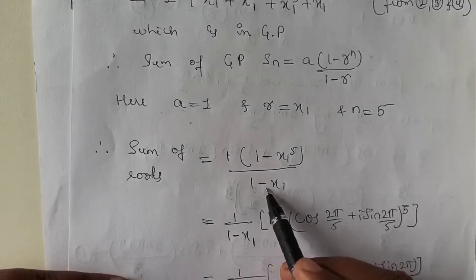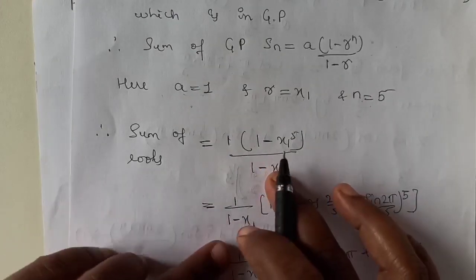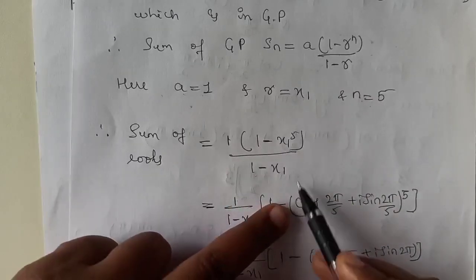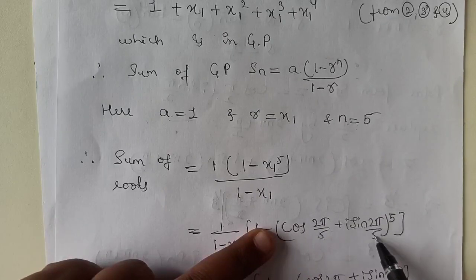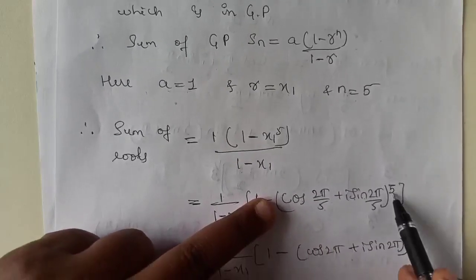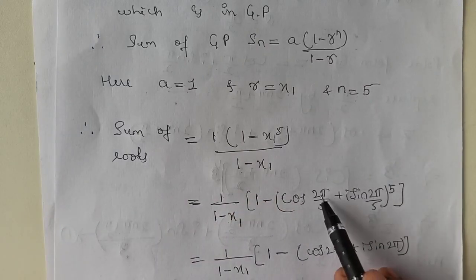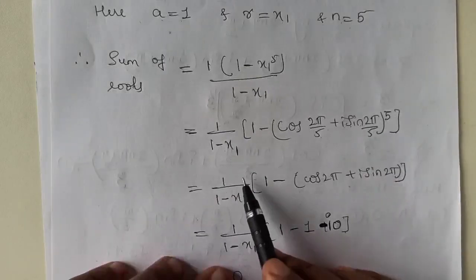Therefore, the sum of the roots, using this formula, with a equal to 1, r equal to x1 and n equal to 5, has denominator 1 minus x1. This can be simplified as 1 divided by 1 minus x1 taken outside. In the bracket, 1 minus x1 to the power 5, where x1 is cos 2 pi by 5 plus i sin 2 pi by 5, so whole power 5. Now applying De Moivre's theorem, the 5 gets cancelled, and we get cos 2 pi plus i sin 2 pi. The remaining terms are the same.